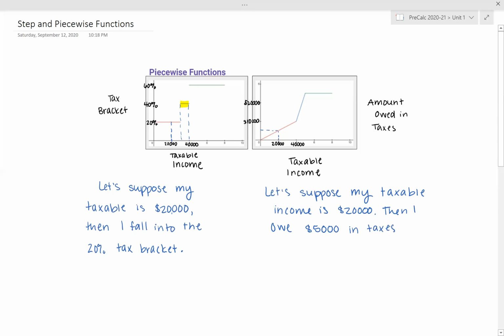I would owe $5,000 in taxes. And it looks like up until about $40,000 that this is the same linear function, same rate of change. So up until $40,000 on this graph, they must all fall into the same bracket.